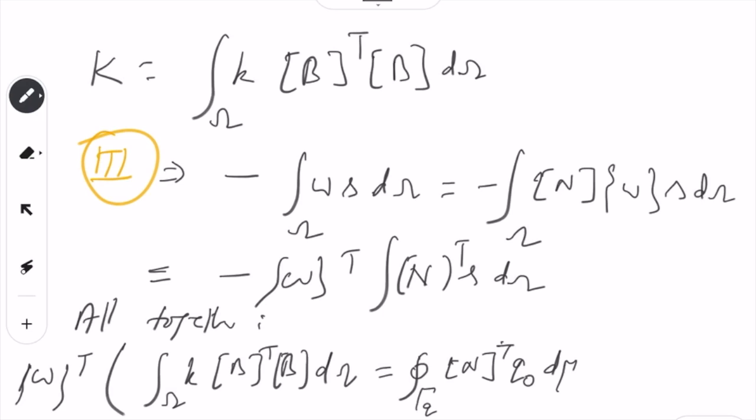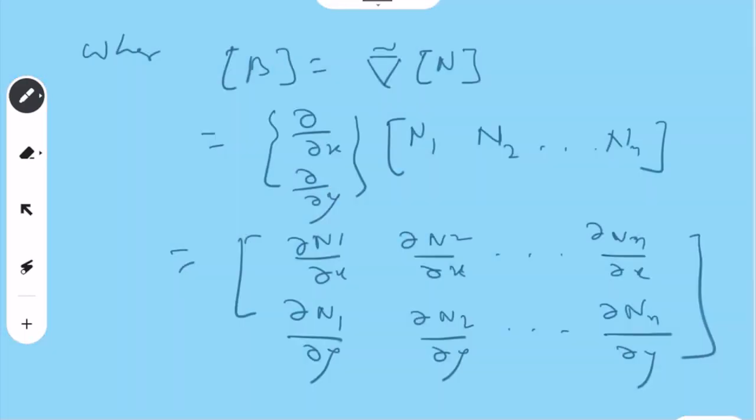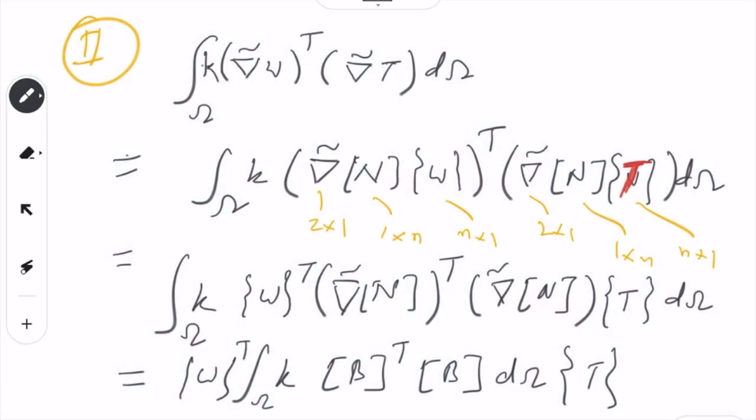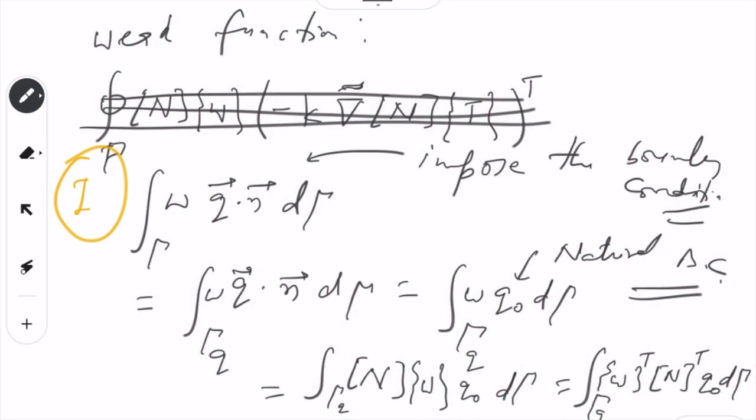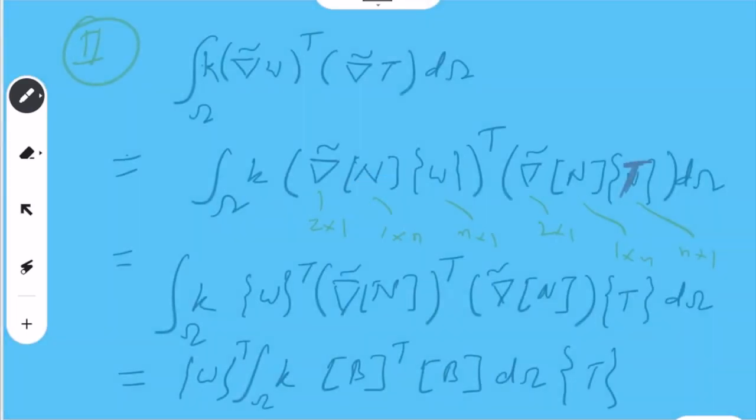we have the first term. So let's look at the first term. First term we wrote, okay, the last term, sorry.